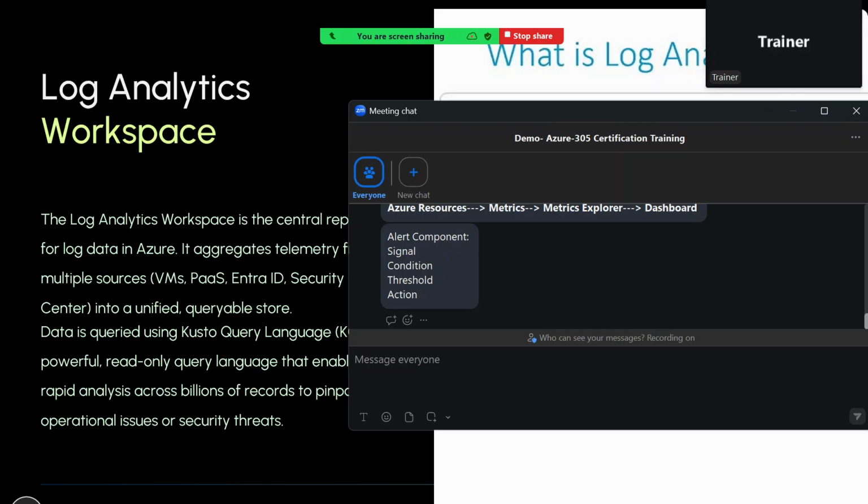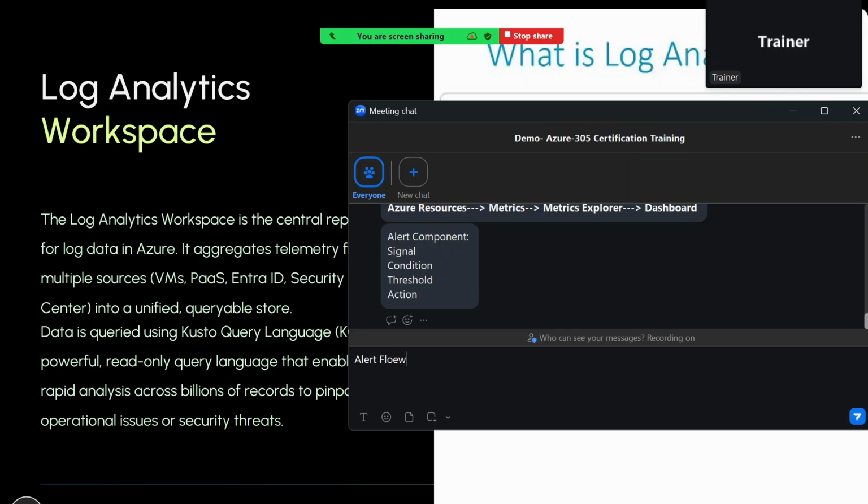Now, what is the alert workflow? It starts from a metric, then goes to threshold exceeded, and the alert is triggered. Then it goes to the action group, then to the operations team, and they will fix it. Let me write here.